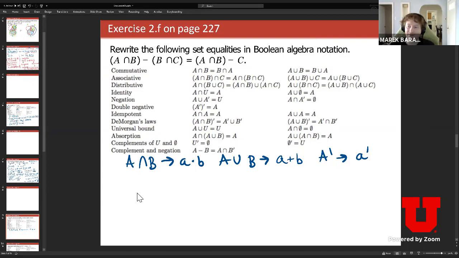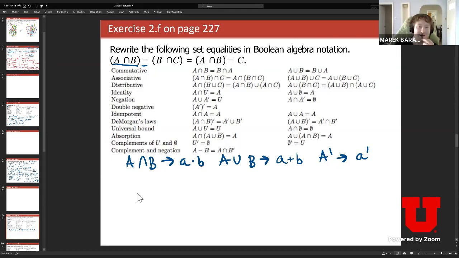Okay, does anyone have a clue to where we should start? Yeah, okay, so I'm going to start by noticing that we have this subtraction. Yeah, De Morgan's law is, wait, are you looking ahead?